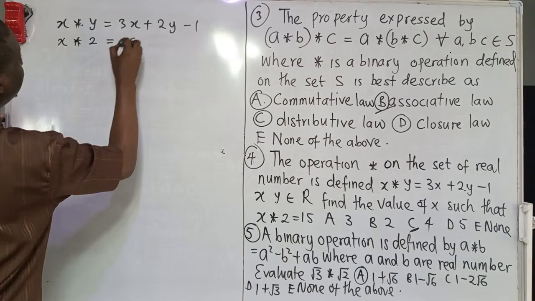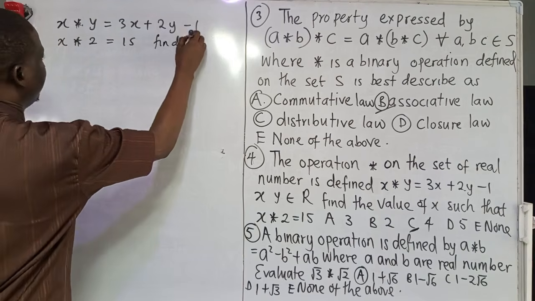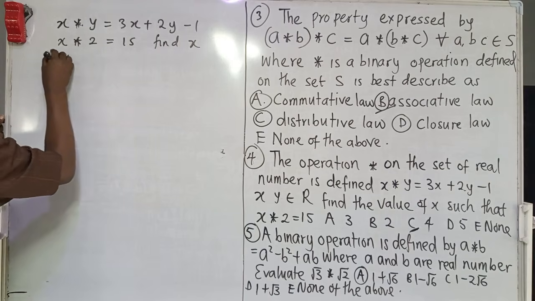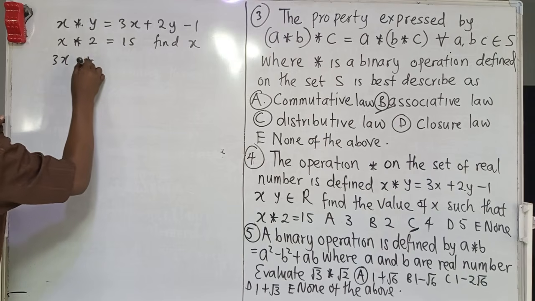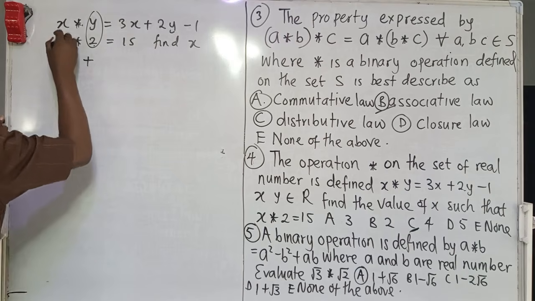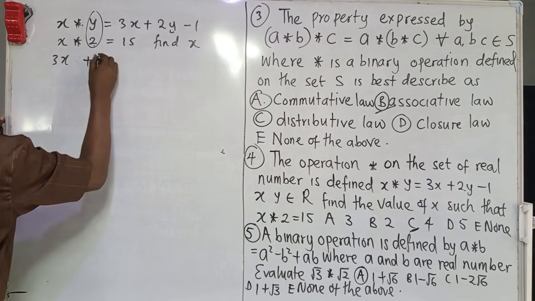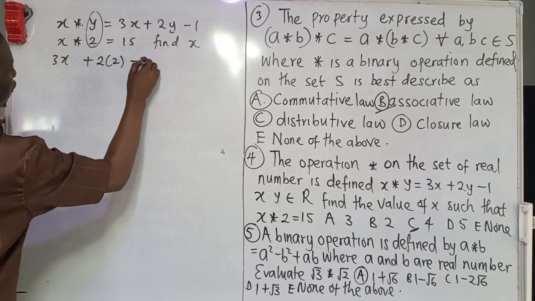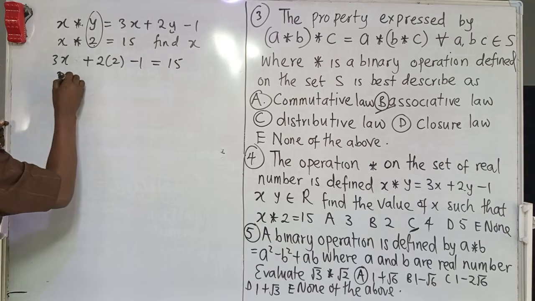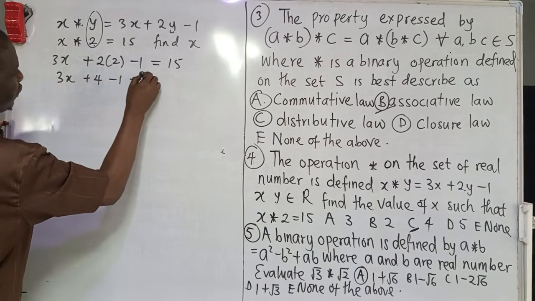If it's equal to 15, find S. Our y is now 2, so anywhere you see y, put 2 there, minus 1. Everything must be equal to 15. So 3S plus 4 minus 1 equal to 15.